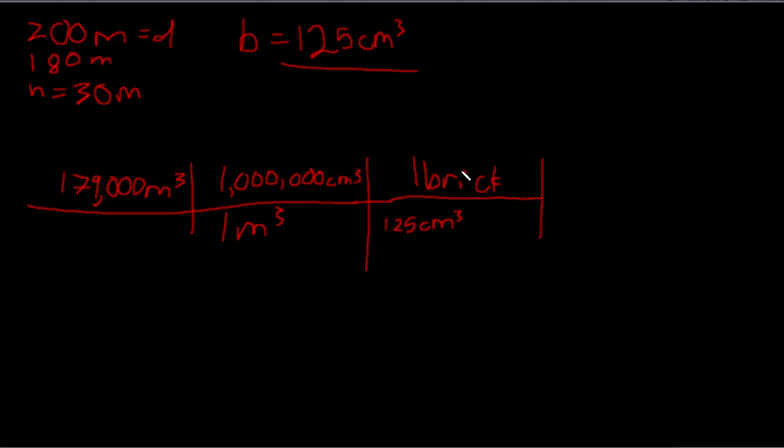We're ending with bricks, which is 125 centimeters cubed. So it's going from meters cubed to centimeters cubed, and then from centimeters cubed to bricks. Hopefully that makes sense.